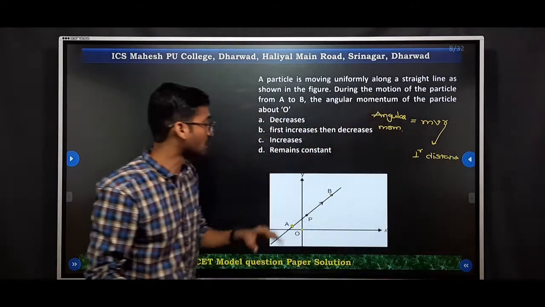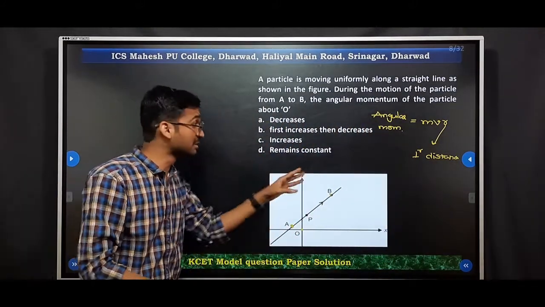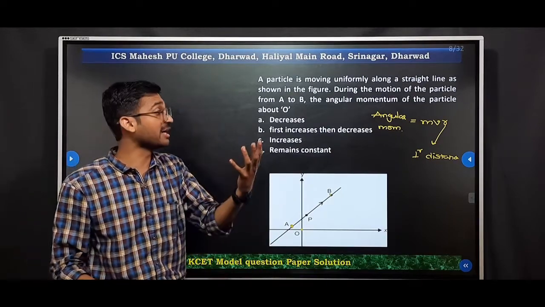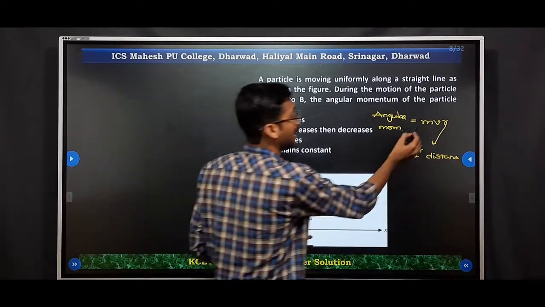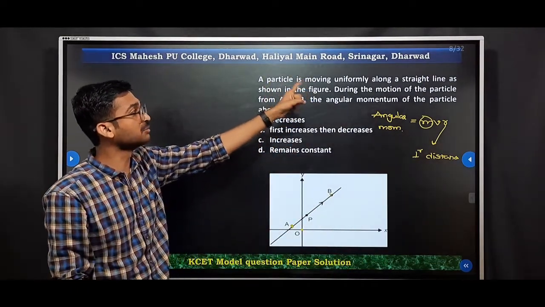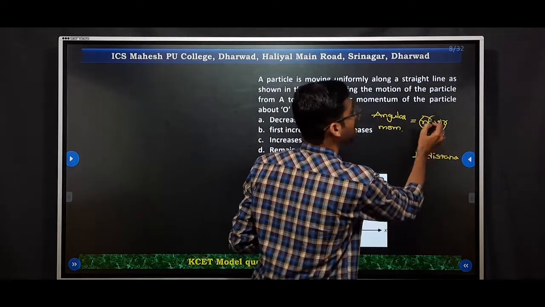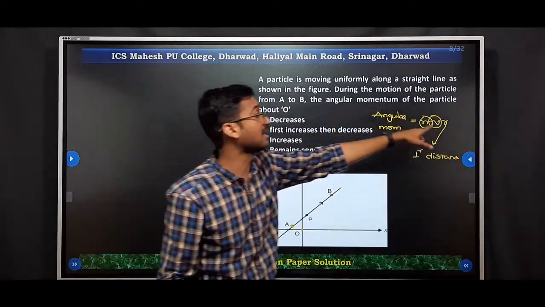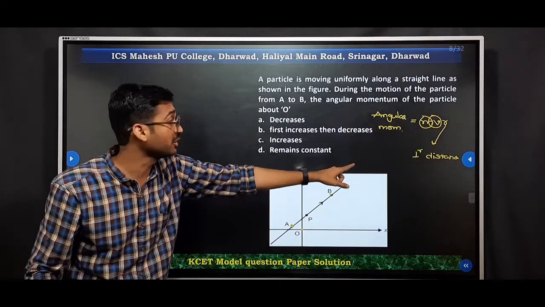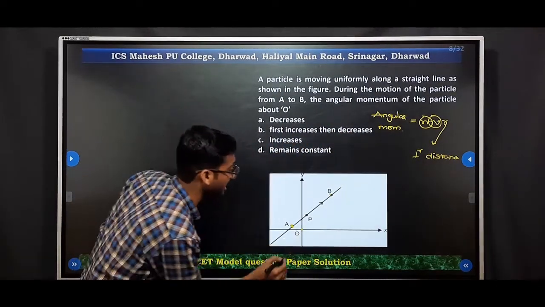Now, as they told, the body is traveling from point A to point B along a straight line. During this, it does not vary its mass. Therefore, mass remains constant. And already in the question they had told, a particle is moving uniformly. Therefore, its velocity also doesn't change. And the third parameter left with us is the perpendicular distance from the reference point. Here O is the reference point.